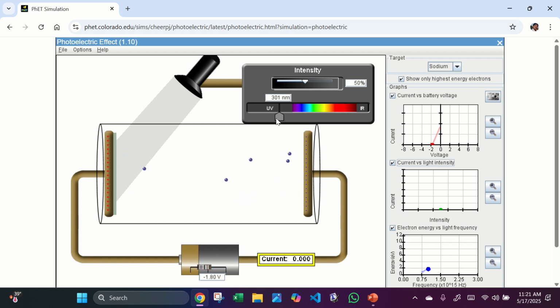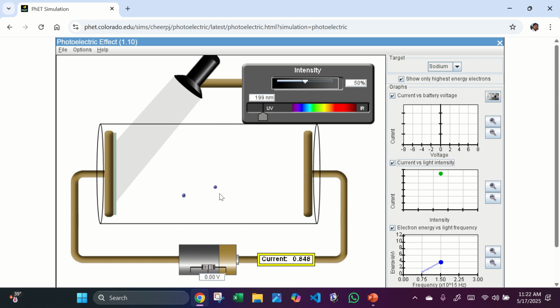Let's bring it back to 0 again. Obviously when you increase the frequency, the energy of the photons increases. This time with more energy, more speed, the electrons are reaching the collector.